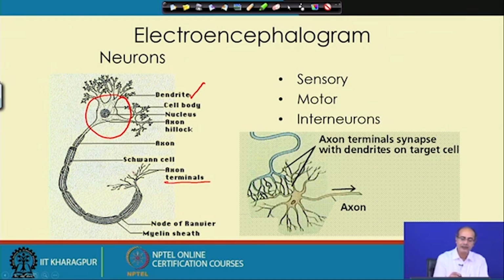So, axon terminals act as a transmitter; it gives the signal to the next part.